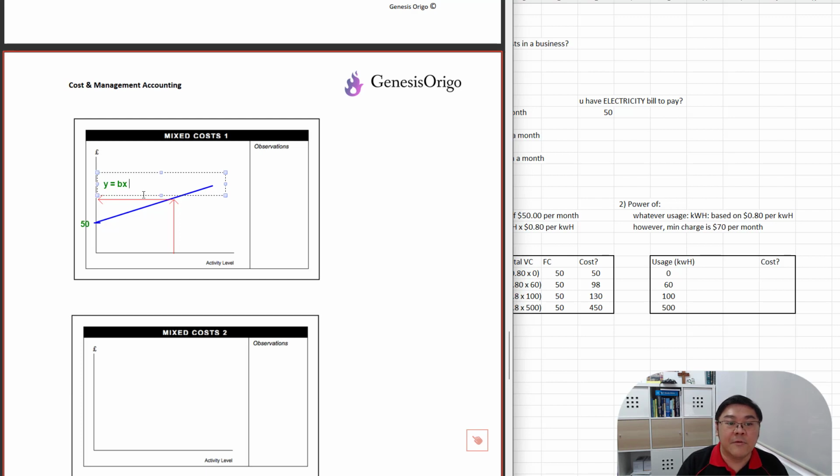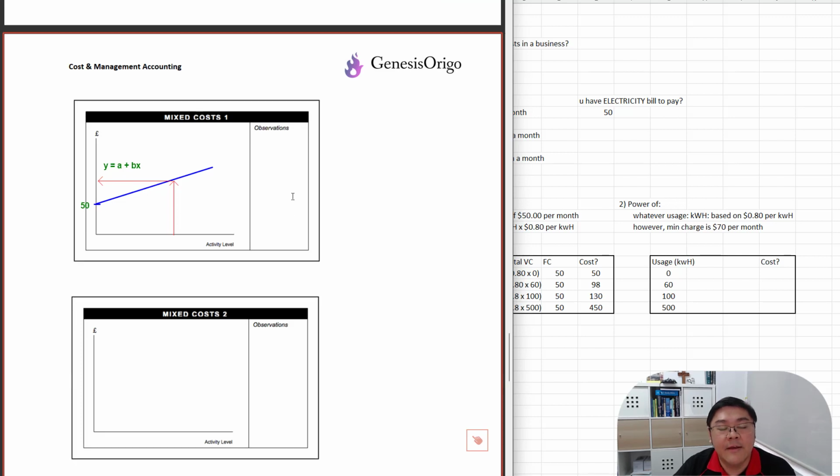Most of the time people write it as a plus bx, whereas in your school days, I think you learned the straight line equation as y equals mx plus c. It's actually the same thing. This is the typical straight line equation that we use to represent mixed costs.